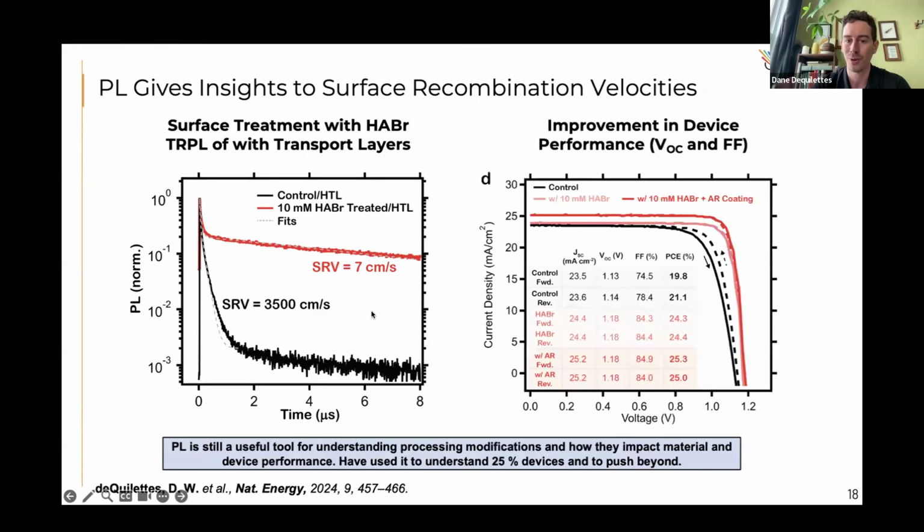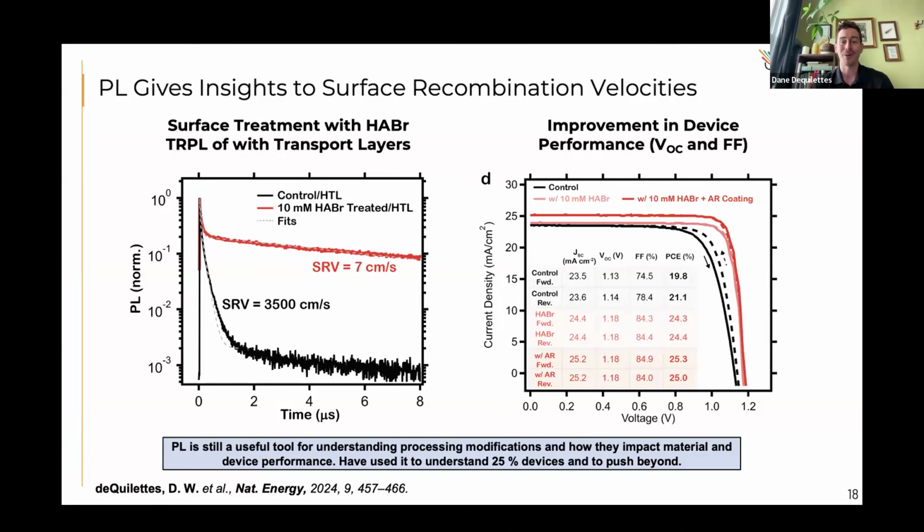These actually directly translate to improvements in device performance. So you can see in black the control, and then with the surface treatment, large improvements in both the fill factor and open circuit voltage, which is what we'd expect if we're reducing non-radiative recombination at interfaces.